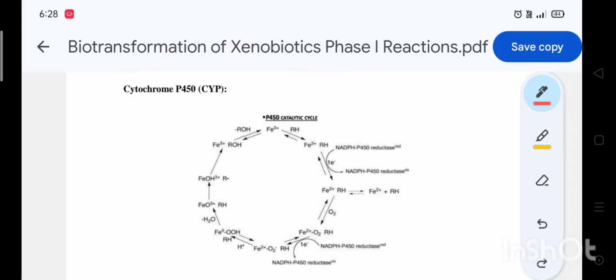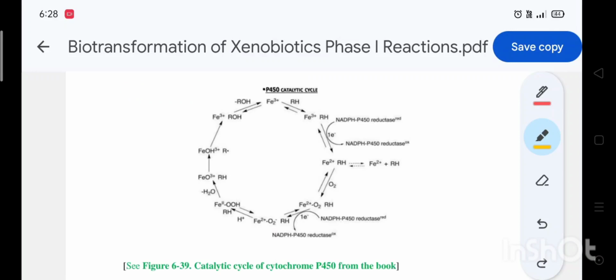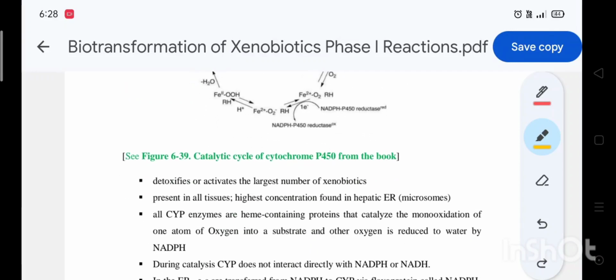Now at last, see the most important enzyme in the oxidation process, which is cytochrome P450. Cytochrome P450 detoxifies or activates a large number of xenobiotics. It is present in all tissues, but the highest concentration is found in hepatic ER or microsomes.